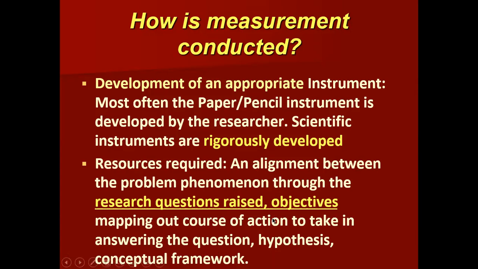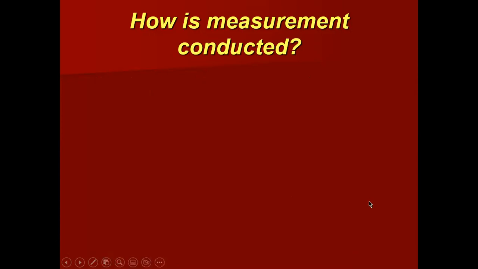And if there is no suitable alignment, then it's likely that the instrument you're going to develop will not be aligned with the data that will be derived. The data that you are going to collect with the instrument must align with your hypothesis. Any inconsistency in alignment will create some problems with the final conclusion of measurement.